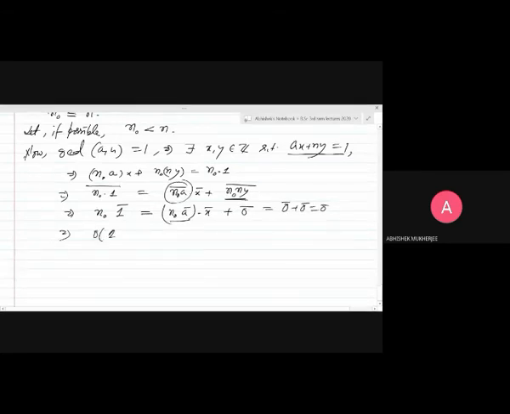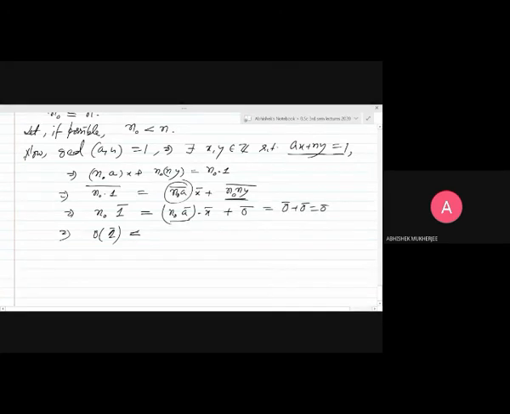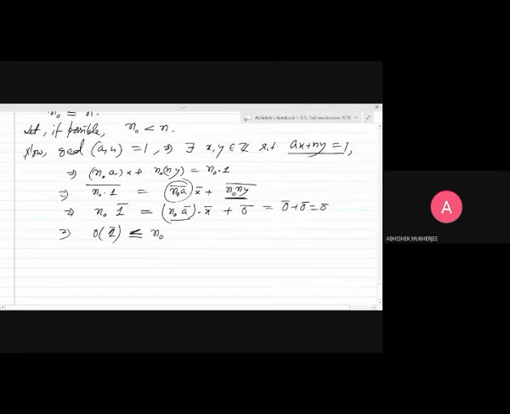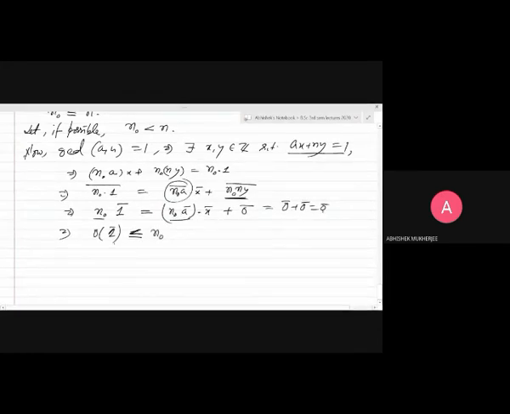So it gives you that order of 1 class is less or equal to n naught, right? Since n naught times 1 class is 0 class, and order of 1 class must be the least positive integer for which this is 0.